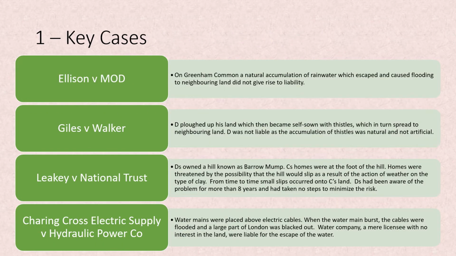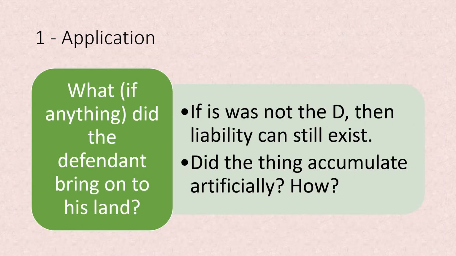You can then support your discussion of the key facts with some key cases. So we have Ellison and Ministry of Defence, Jars and Walker on Leakey and National Trust, and of course Charing Cross Electric Supply and Hydraulic Power Company. So you can use them to support the key points, but of course all of this is explained in the explanation video. We're focusing on application. So what we need to do is ask, what if anything did the defendant bring onto his land?